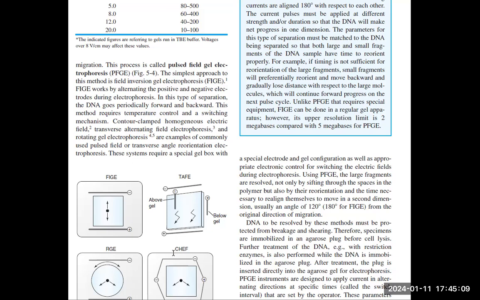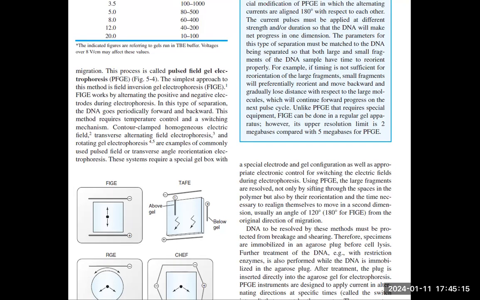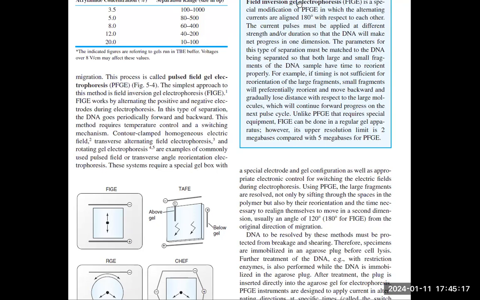Always remember that if we're talking about realignment of the fragments at 180 degrees, it refers to FIGE. So again, current pulses application, and then there is reorientation. That's FIGE under pulse field gel. Pulse field gel is for very large genomic DNA fragments, chromosome-sized DNA.